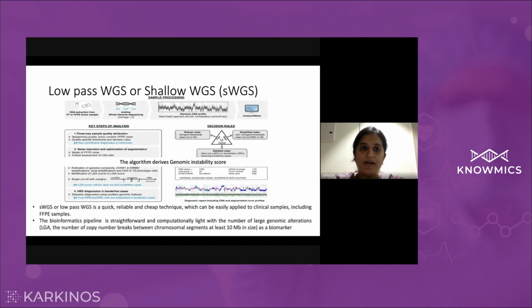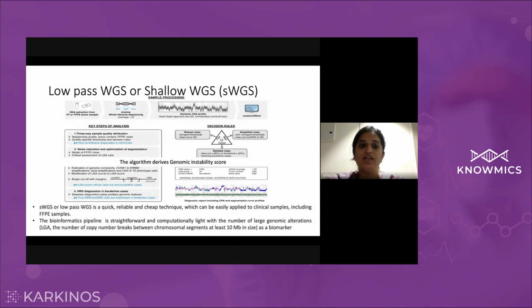That's called low pass whole genome sequencing, which was initially introduced by Sophia. And now there is in fact an entire study, and they're also doing shallow whole genome sequencing. Shallow or low pass whole genome sequencing is nothing but looking into the whole genome sequencing at a very low depth of coverage.